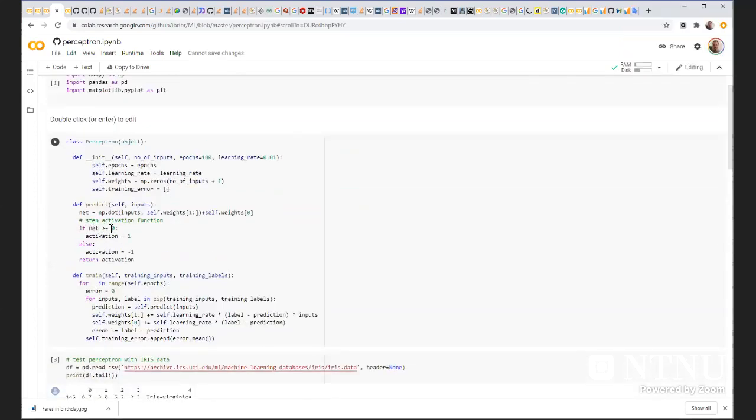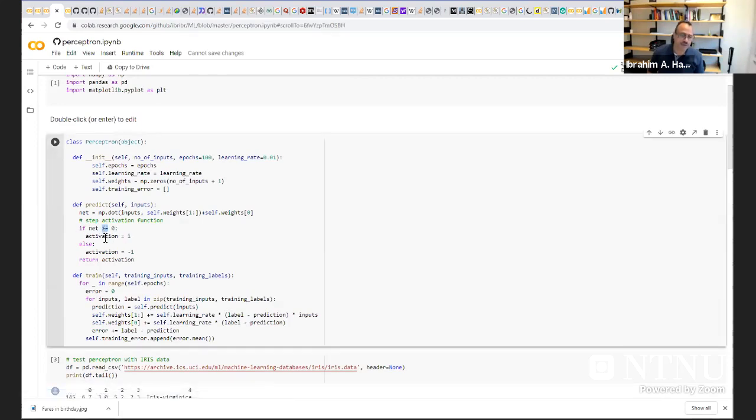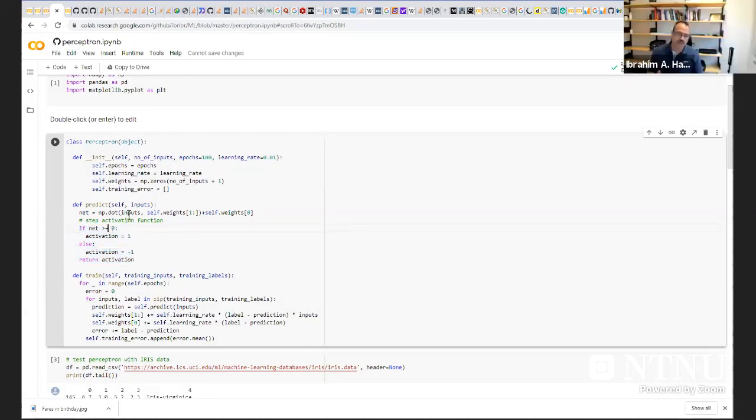Maybe it's 0, and if it's 0 or positive values, because it's greater than or equal to 0, then a point located on the line will be considered the positive class. Do you see this equation, Ravi? So this one will just be assigned to one of the classes. It will be considered as a positive class.